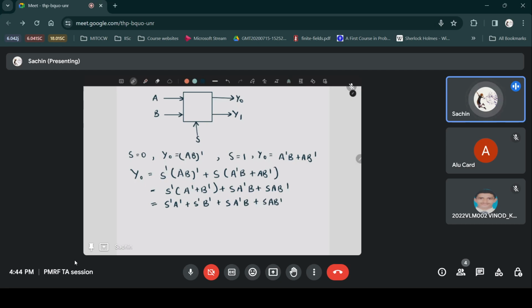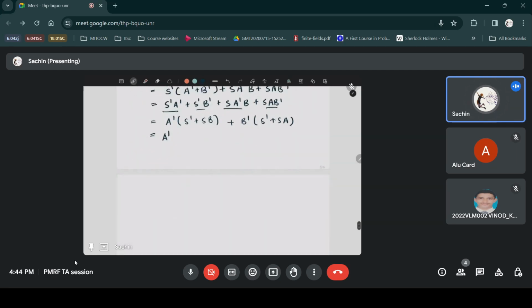This can be further written as, you group these two terms, you will get A complement into S complement plus SB, plus you group these two terms, B complement into S complement plus SA, and you use the distributive law of addition over multiplication.